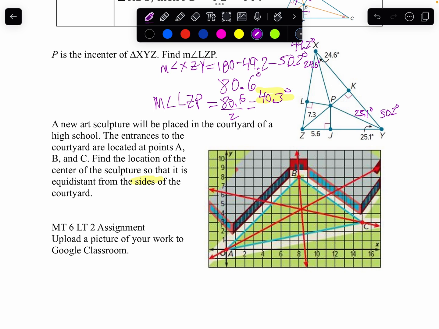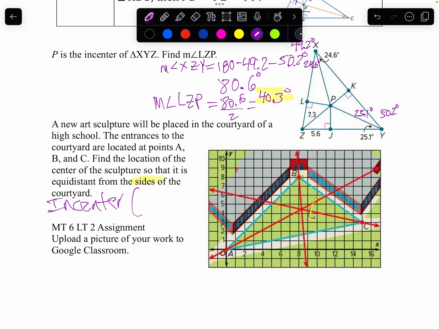Well, what I'm going to do here is find the incenter. That's all I'm going to do. And then I'll estimate where that incenter is. It looks like it's a little bit bigger than 8, isn't it?